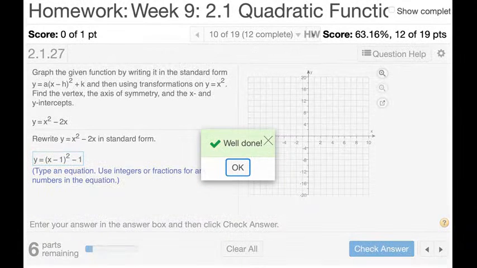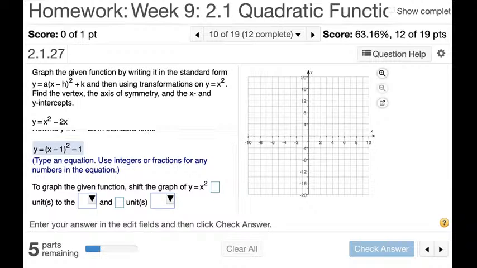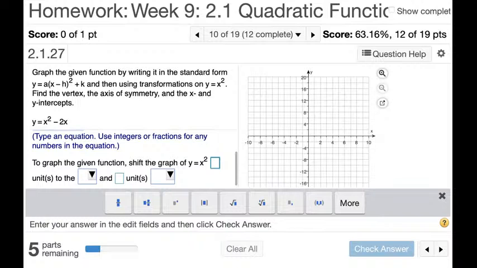So the transformations, we're going to go right 1 and down 1. So shift the graph of this 1 unit to the right. And what did we say? 1 unit down.